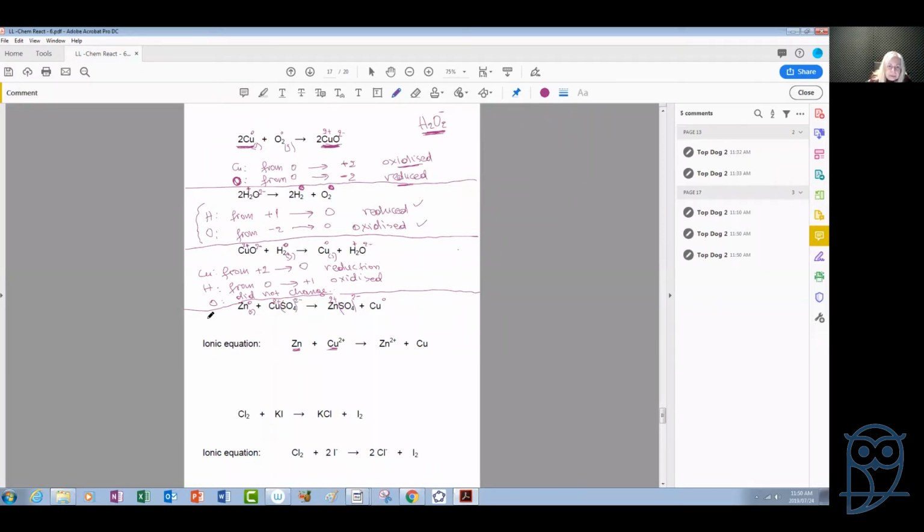All right. So zinc from 0, its oxidation state changed to +2. So it increased, it's oxidized. And copper from +2, let's write +2, its oxidation state changed to 0. From 2 plus to 0. So this was reduced.